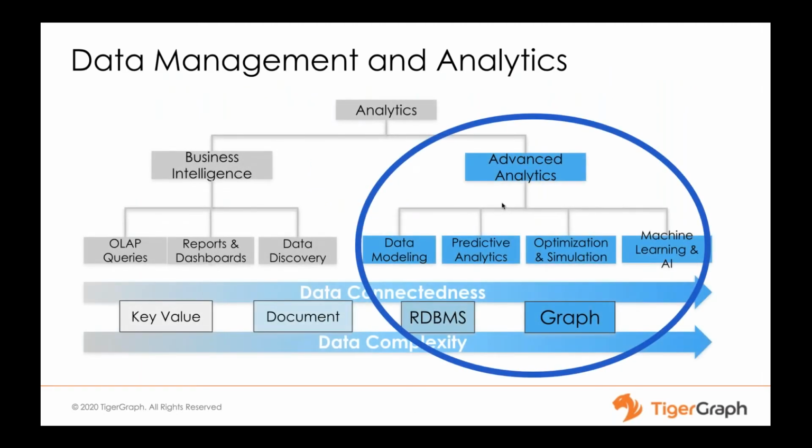All right, so to look further into why the research firms are so bullish about graph, we need to understand what is making them come to the conclusion that graph is so important. We need to step back and look at the big picture of the analytics space itself. You can see that in analytics there are two separate buckets at a high level. On one side you have business intelligence, and the other bucket is more advanced analytics.